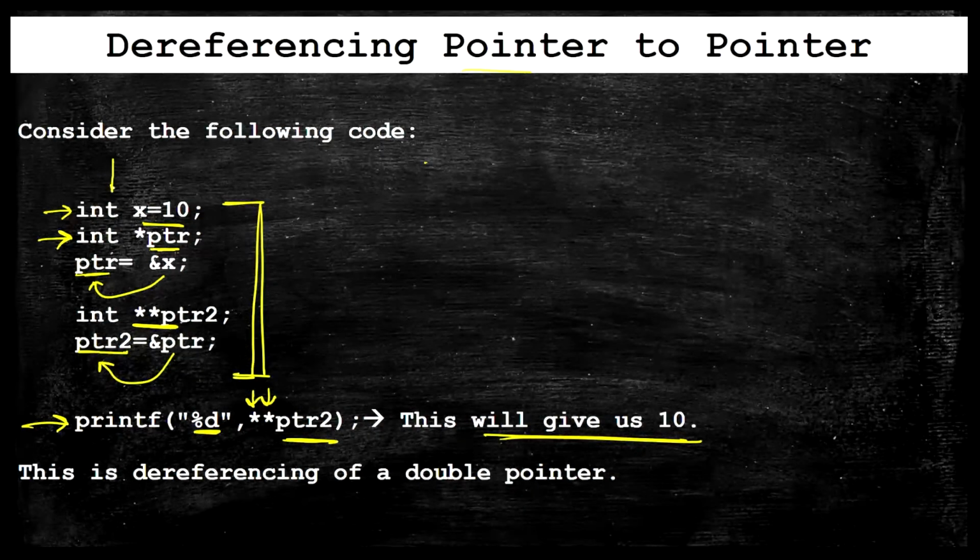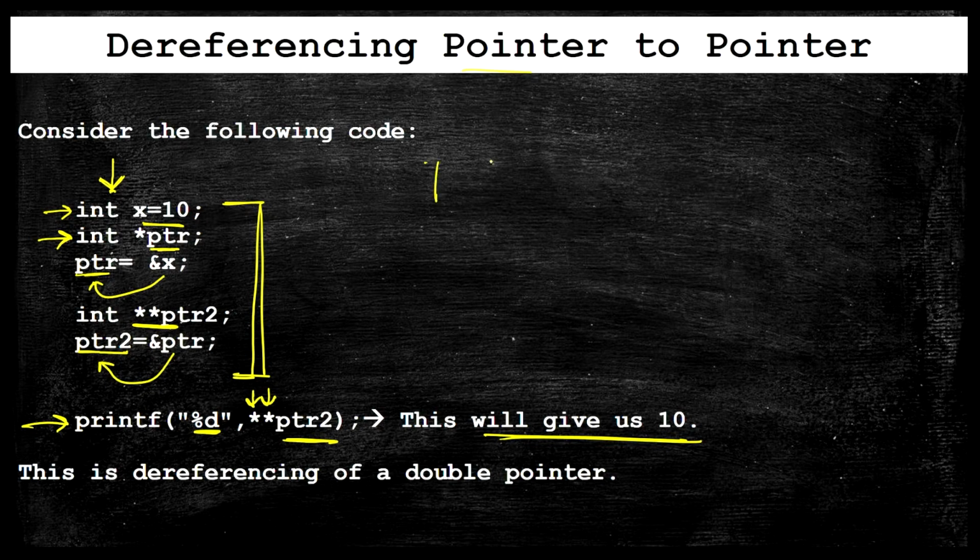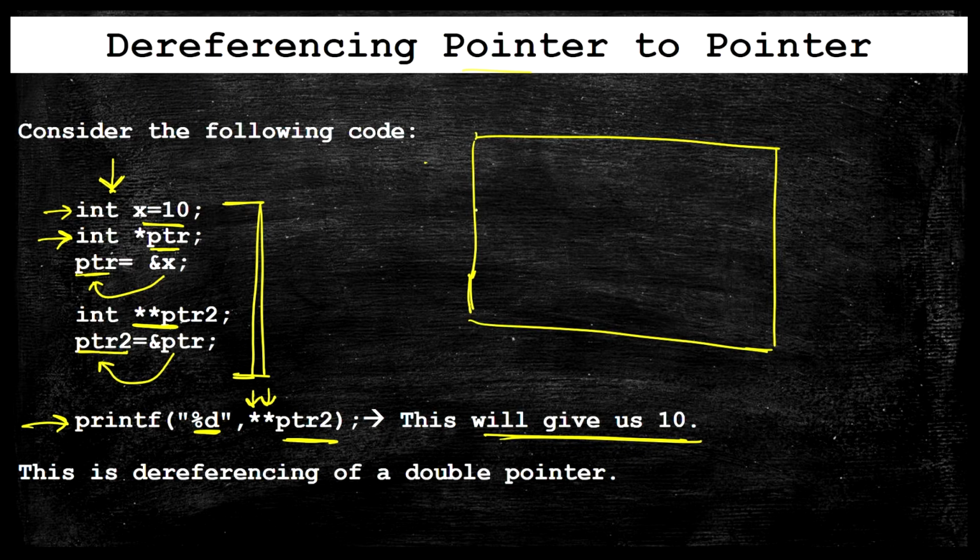When the compiler reads the first line, int x equal to 10, in the memory, suppose this is our memory. I'm drawing it big for a reason. In our memory a space will be created for x. Suppose this one is created for x.